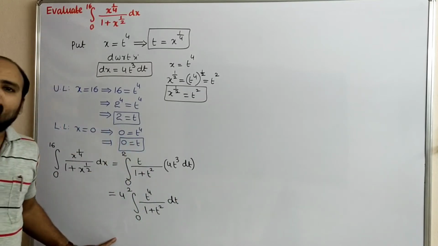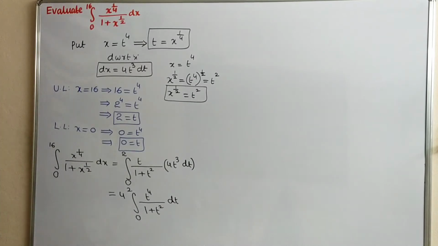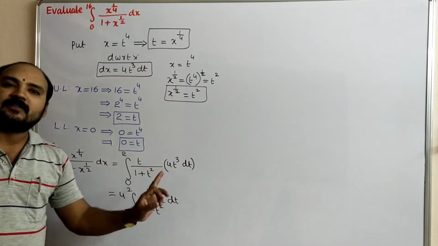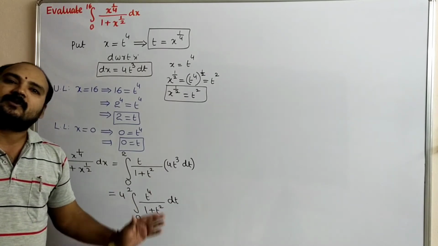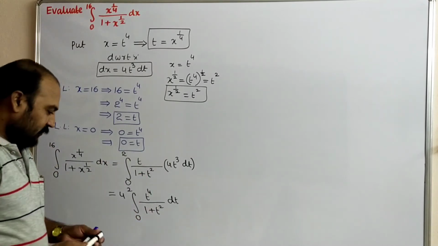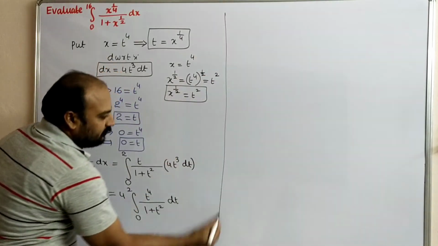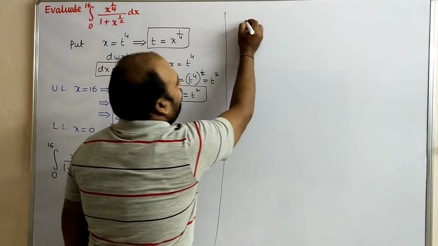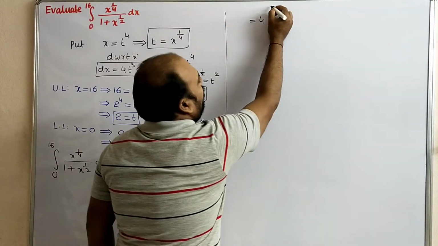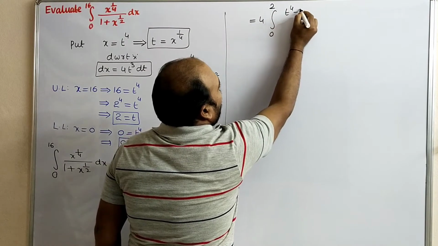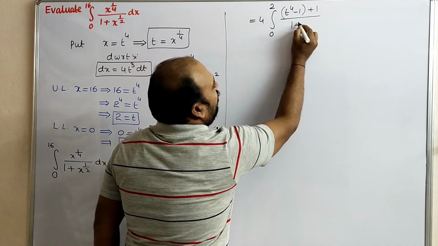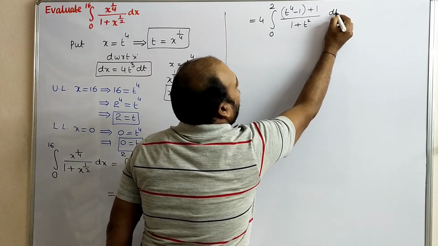After reaching this step, we have two possibilities. One is by division, by long division, you can do that. Otherwise, adding and subtracting and splitting the terms, that is the second way. I am going to split the terms, that is a better way. See here: 4 times the integral from 0 to 2 of t power 4, adding and subtracting, plus 1 and minus 1, divided by 1 plus t square, dt.